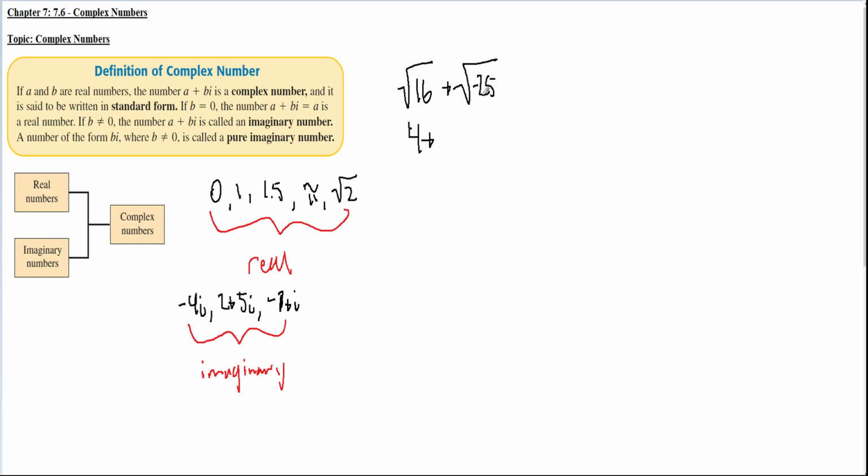Then using our general definition for the square root of negative numbers, we have the square root of negative 1 times 25, which is the square root of 25 times i. The square root of 25 is 5, so we have 4 plus 5i. And that would be our solution.